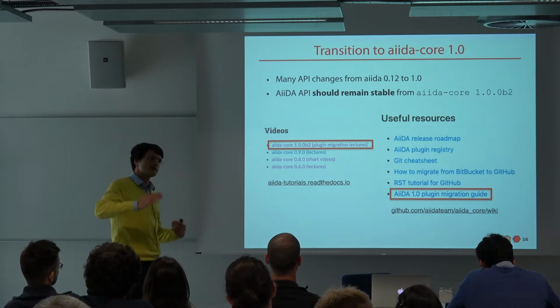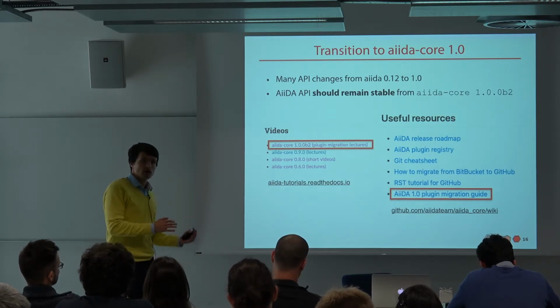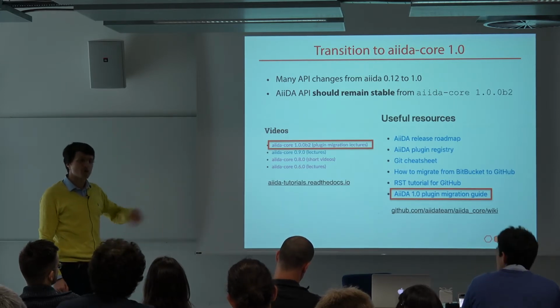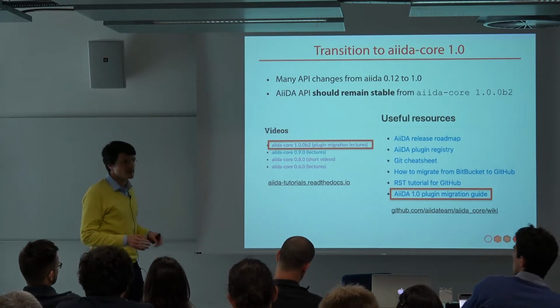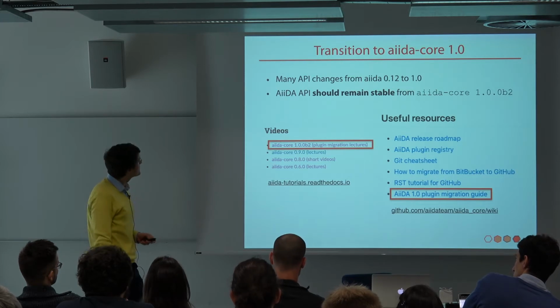It has step-by-step instructions of how to migrate a plugin from 0.12 to 1.0. And if you do it, you will notice that you can actually delete a lot of code. So one of the advantages of migrating to 1.0 is that the amount of code you have to maintain will reduce quite dramatically.